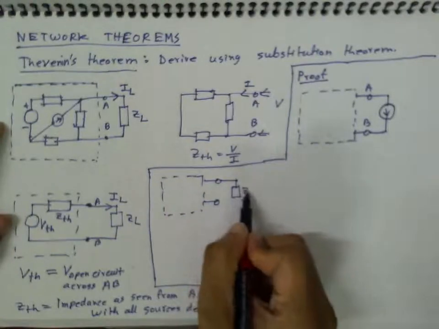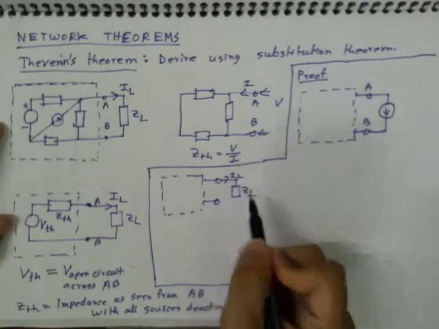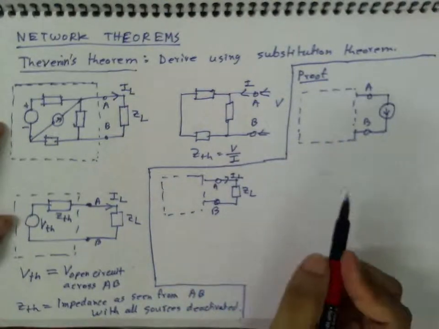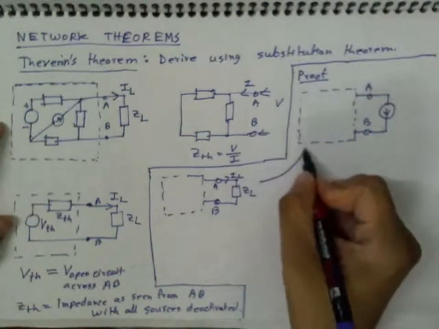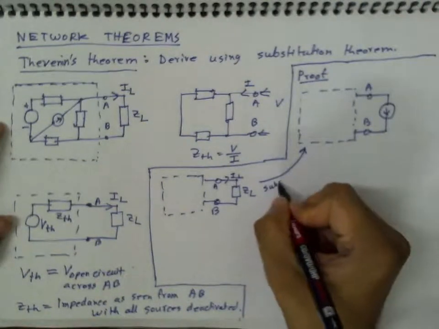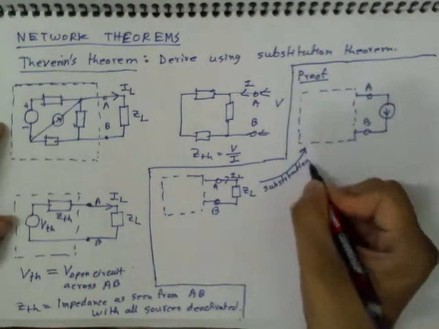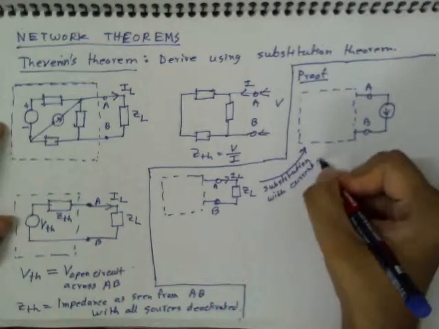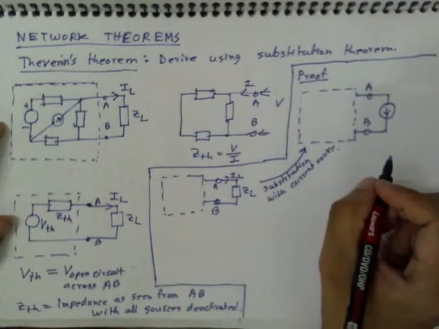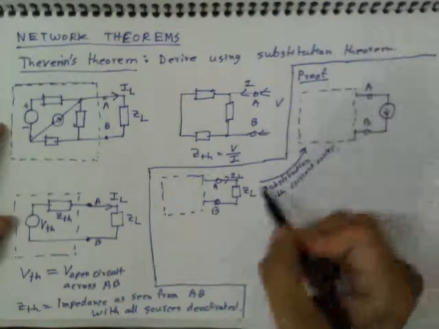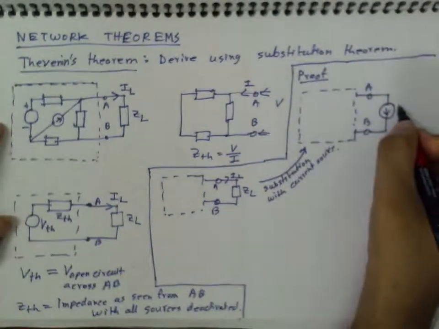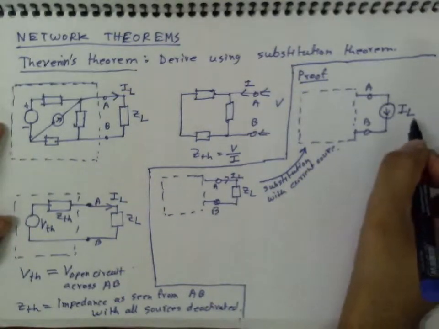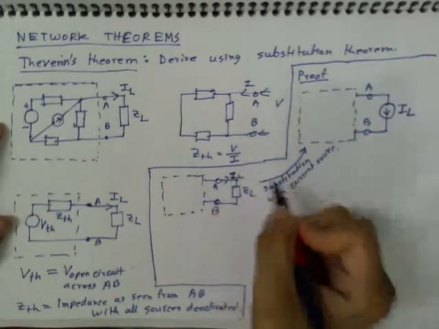So that's ZL, IL was flowing through it, A and B, and I go from here to here using substitution with a current source. According to the substitution theorem, I should choose the value of this current source equal to IL, which was the current in the original circuit.